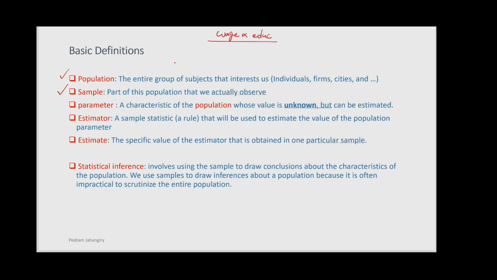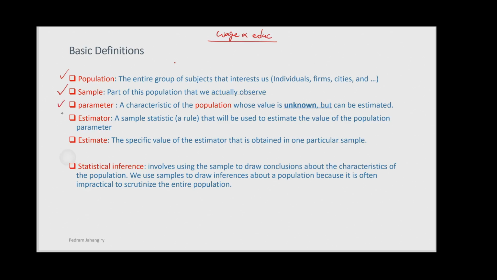We tend to say that the entire population is not observable, meaning it's not practical to collect information for the whole population. However, the sample is observable. For instance, look at the data that we have in the Wooldridge textbook: I can observe the information for a sample of the population.